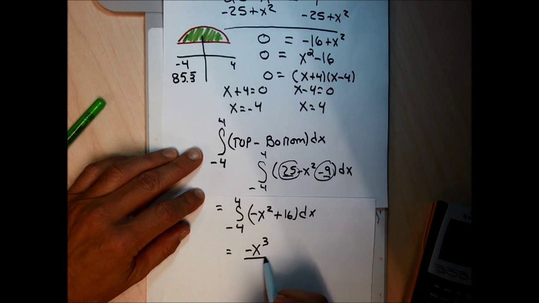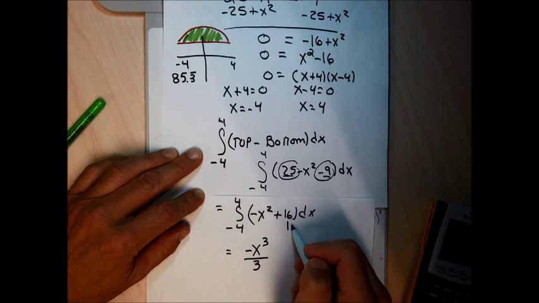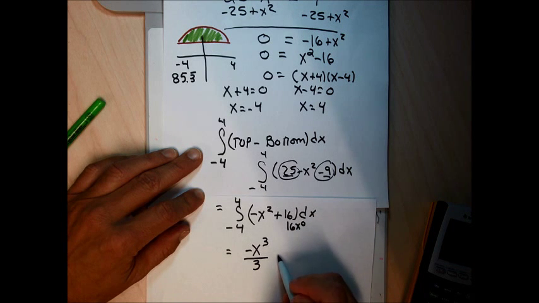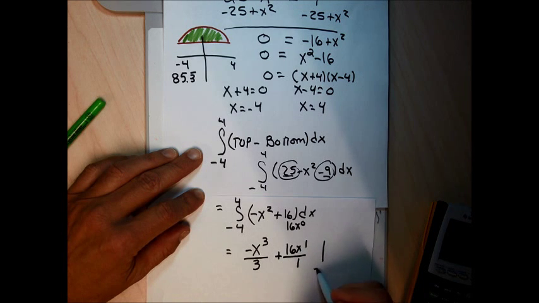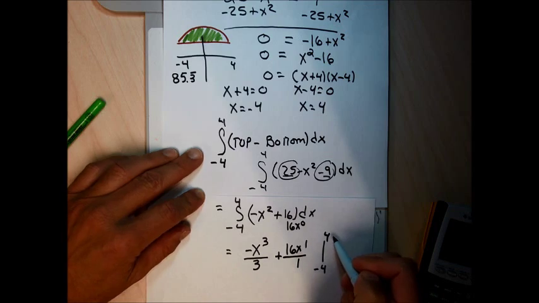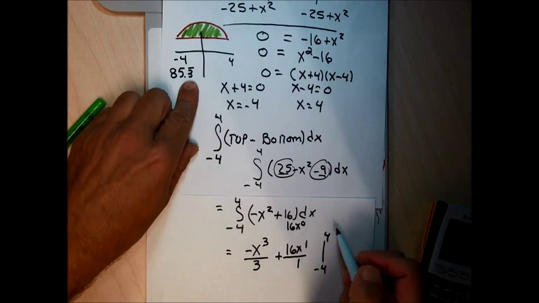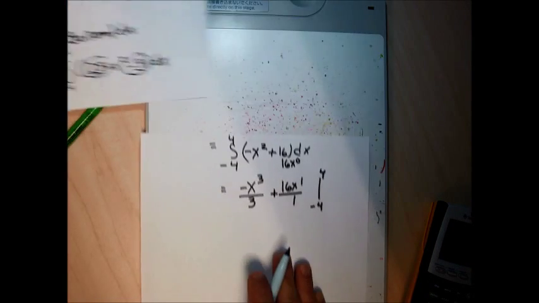I'll get -x cubed over 3. And this 16, if I wrote it with an x, it would be 16x to the 0. And when I integrate it, you're going to get 16x to the first over 1. And I want to evaluate between -4 and 4 with the goal of getting 85.33 as an answer.